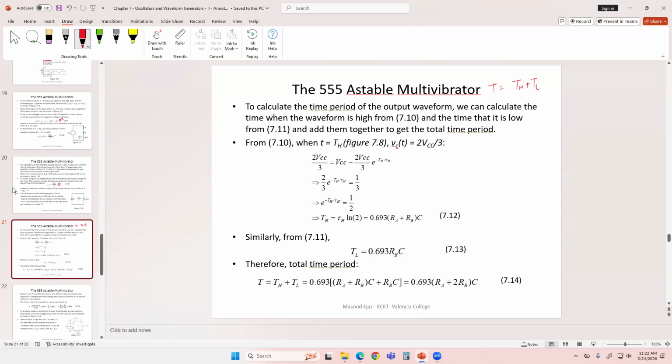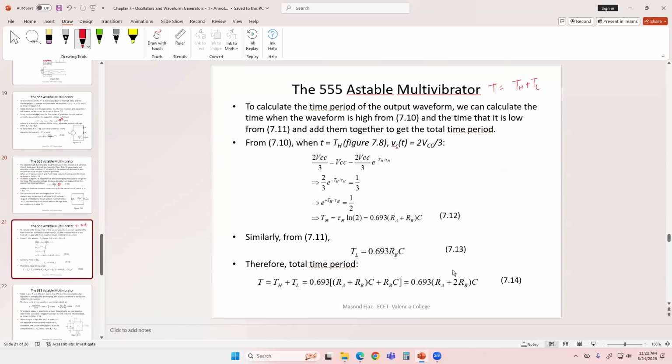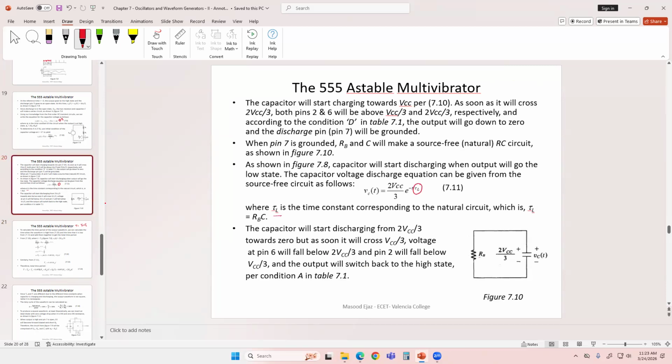To find the low time, we go to the equation 7.11 that corresponds to the low time, and again we go all the way up to low time, where your value is going to be 0.693 RB times C, which is this equation. Because the value of the capacitor voltage at the low time is going to be 1/3 of VCC.